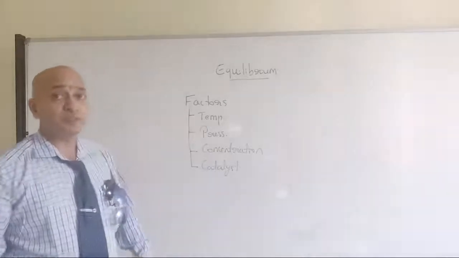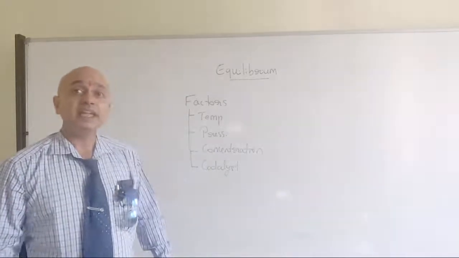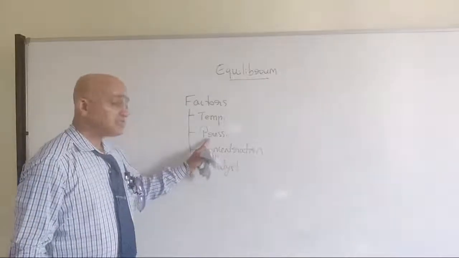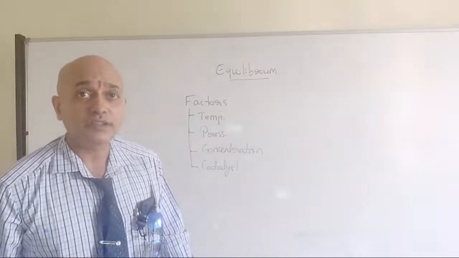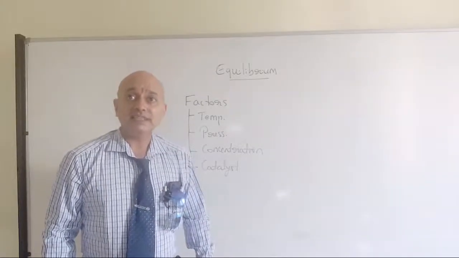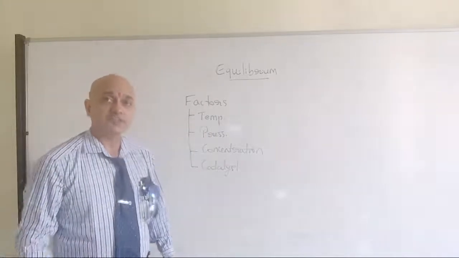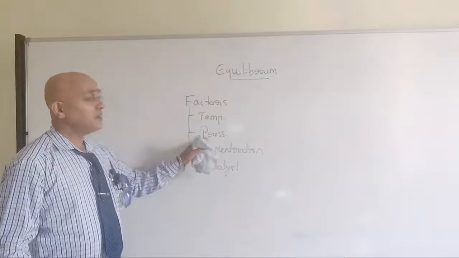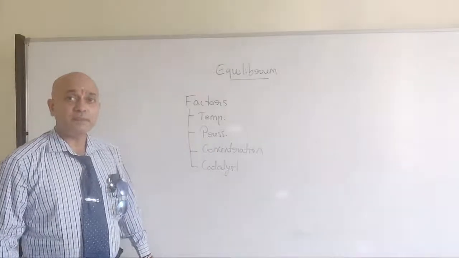Now when it comes to pressure, as we discussed with the example of Haber's process, it depends on the number of gaseous molecules on the reactant side and the product side. When you increase the pressure, if the product side has fewer gaseous molecules, then product formation is going to increase.